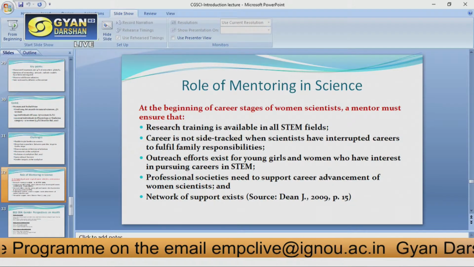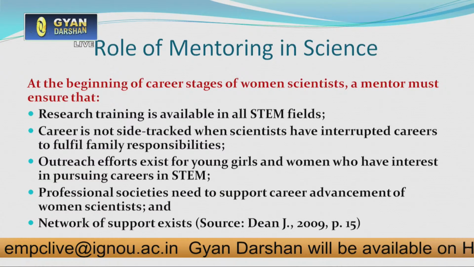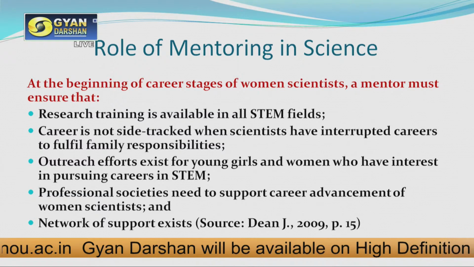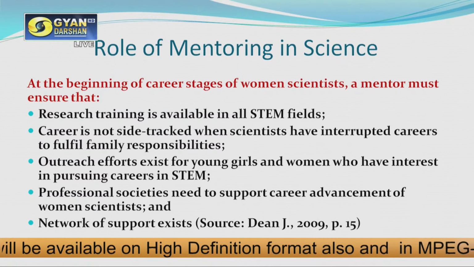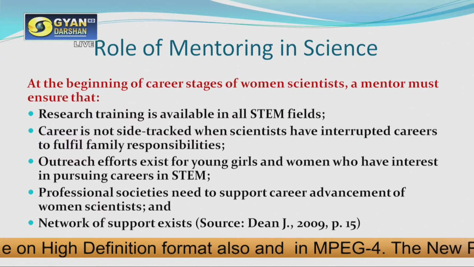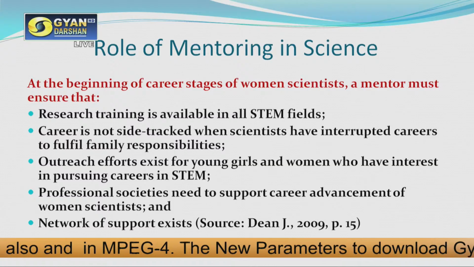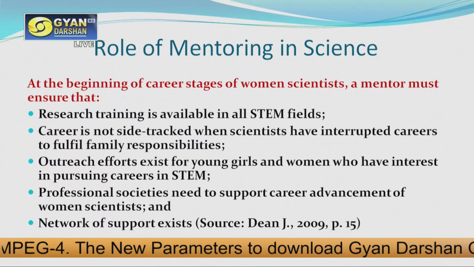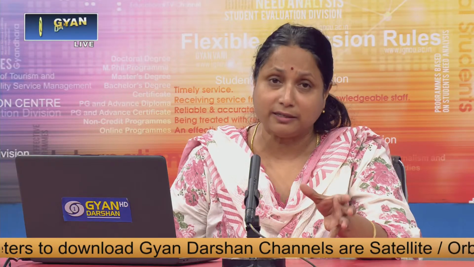Professional societies also need to support career advancement of women scientists, and a network of support should also exist for women scientists. So this is very important for us. We can't ignore the role of mentors and networking here, for women scientists, technologists and leaders in science.